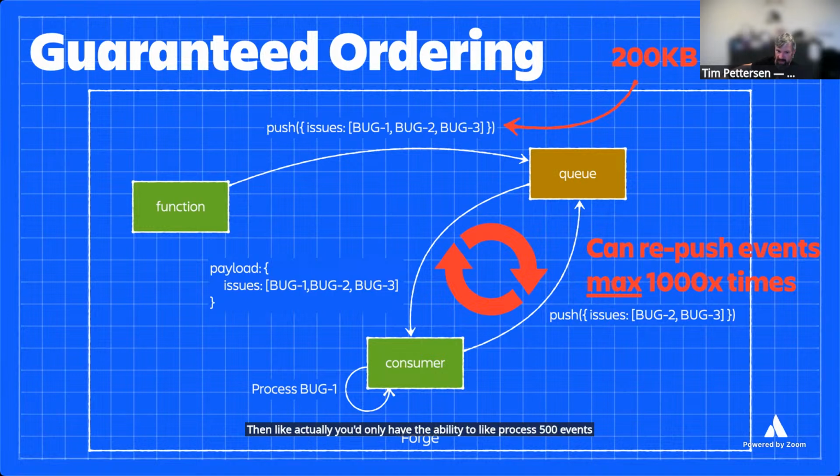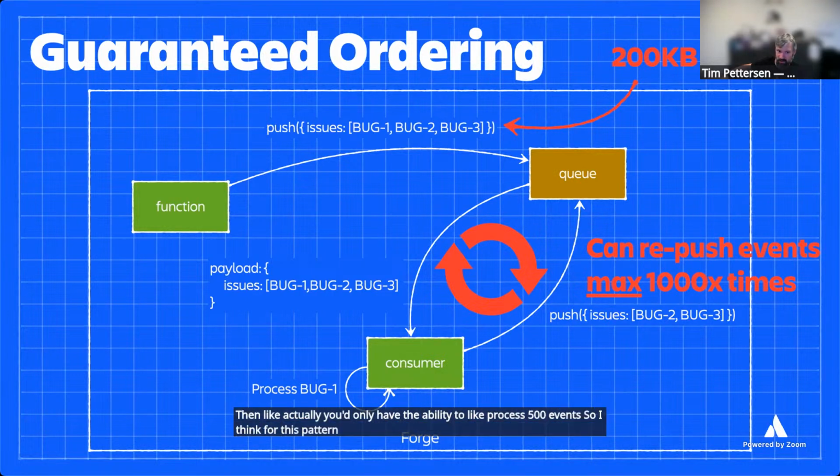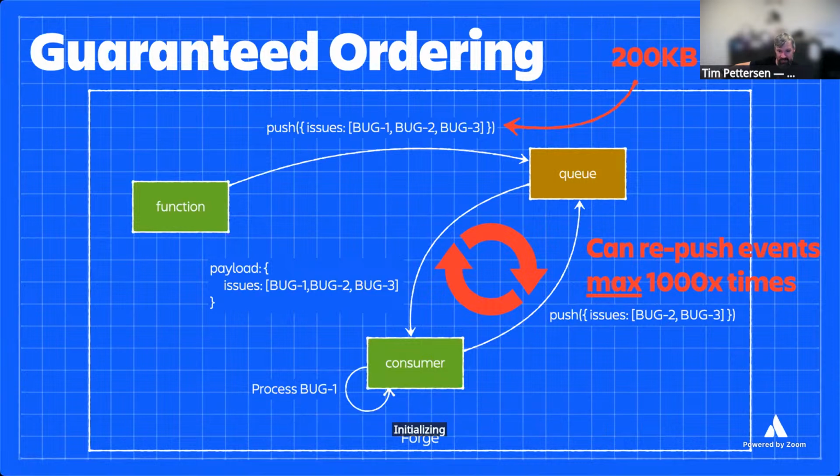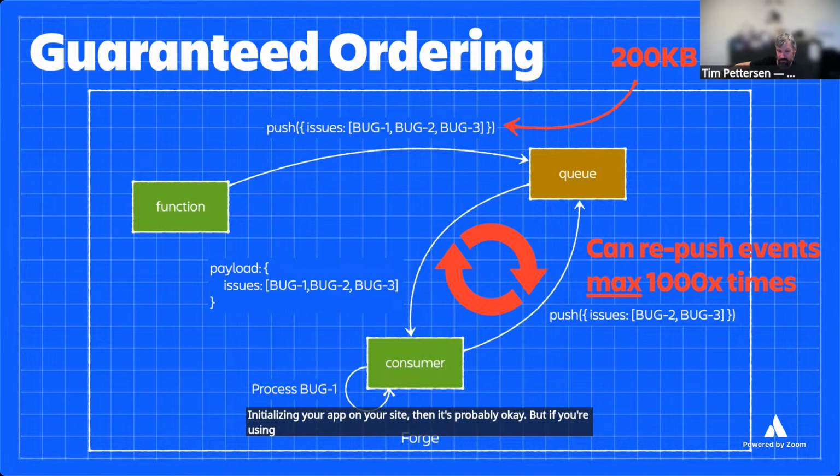So I think for this pattern, you'll be okay as long as you only ever have one event on the queue. If you're doing it to do a big batch process of something when you're first initializing your app on your site, then it's probably okay. But if you're using it to process different jobs or sets of jobs, then you may need to be a little bit more careful about sizing those jobs.